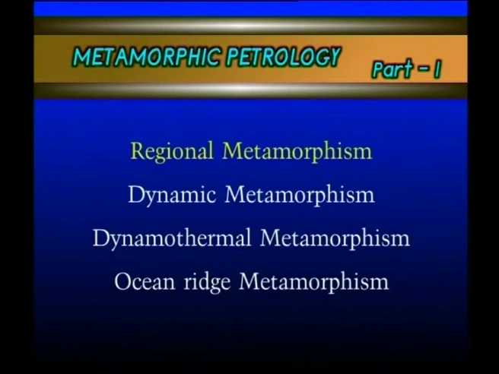Now let us see another type of metamorphism, that is regional metamorphism. In regional metamorphism, three categories are important. One is dynamic metamorphism, then dynamo-thermal metamorphism, and the third case is ocean ridge metamorphism.